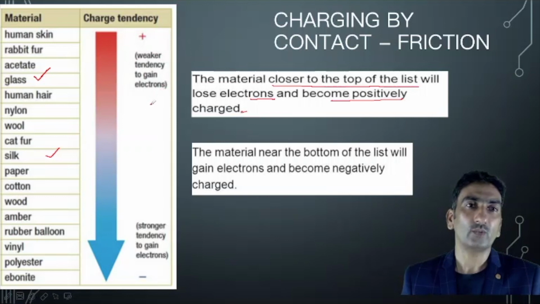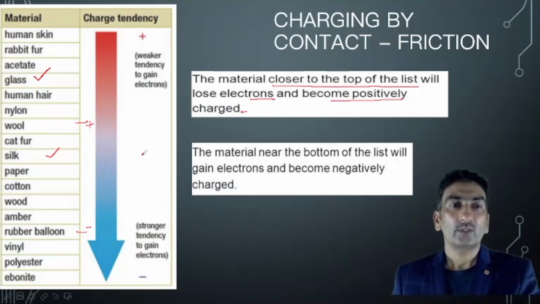Or in other words, the silk has a stronger tendency to gain electrons. So any time you have to choose any two, like wool and rubber, wool becomes positively charged and the rubber becomes negatively charged. You can follow the same process for any other thing.